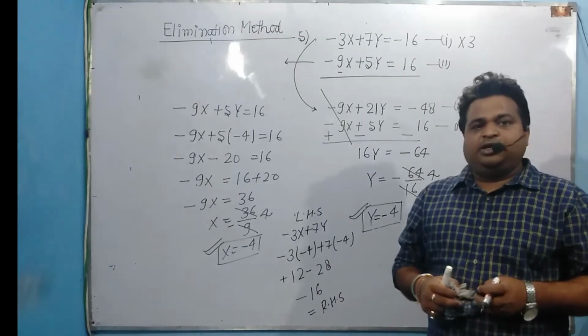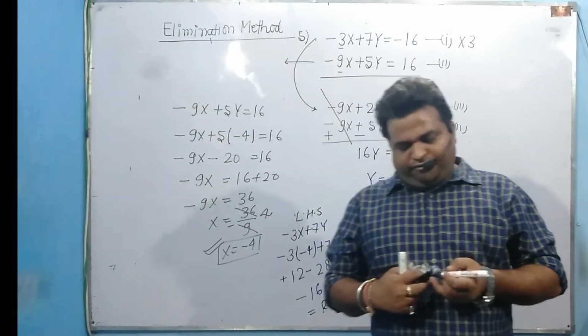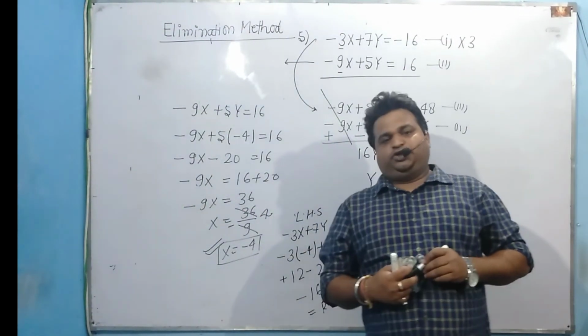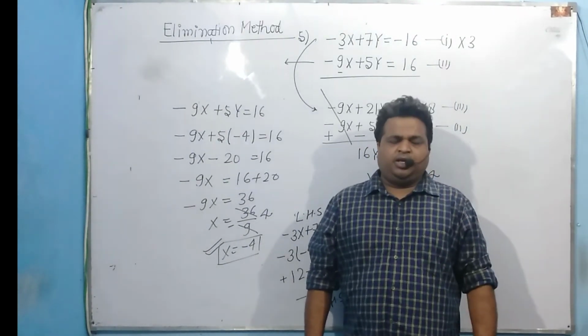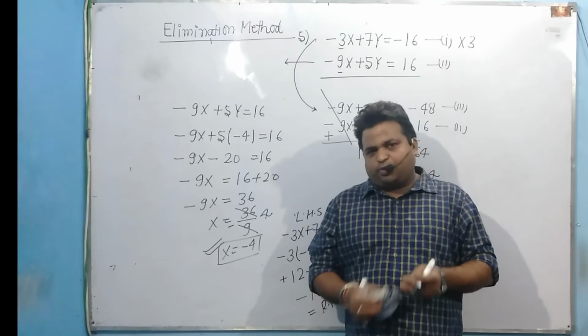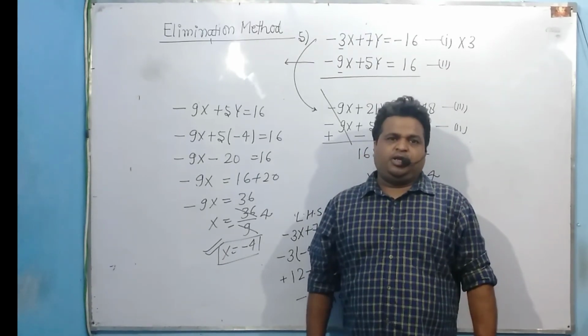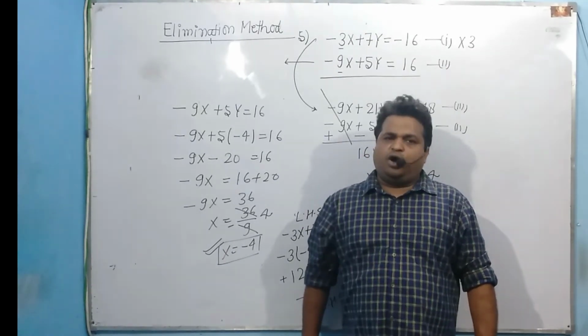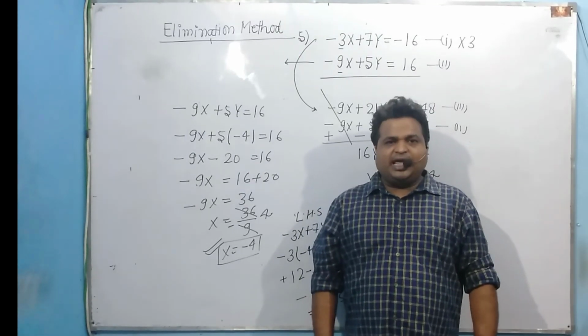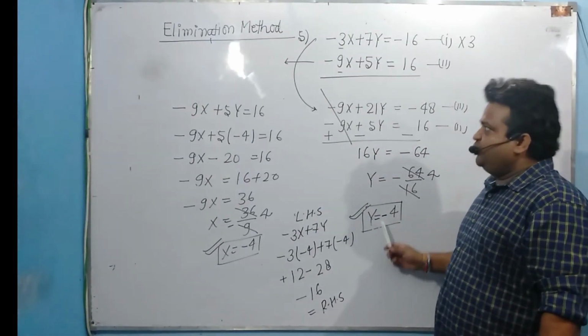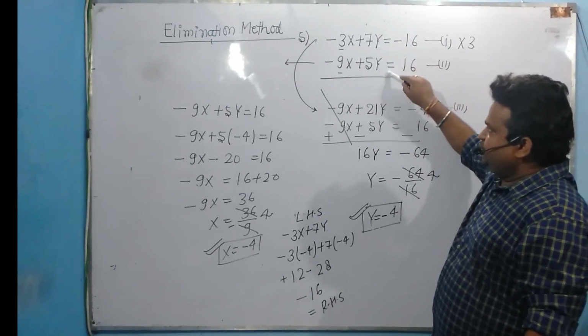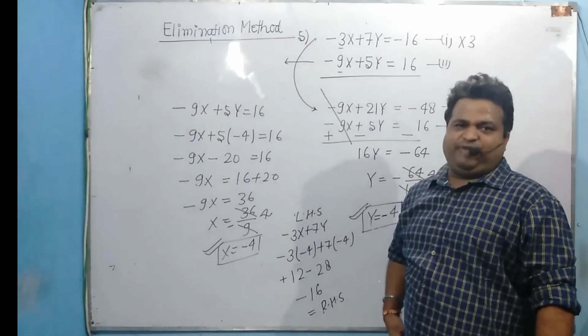So this is the total concept of the elimination method. In the elimination method, you first eliminate one variable from the equation by equating the coefficient of either the x variable or the y variable. Then once you get one variable's value, put this value in either equation 1 or equation 2 to get the second variable's value.